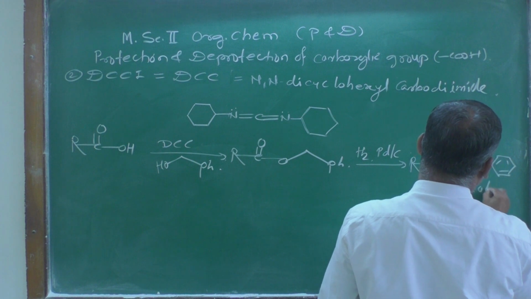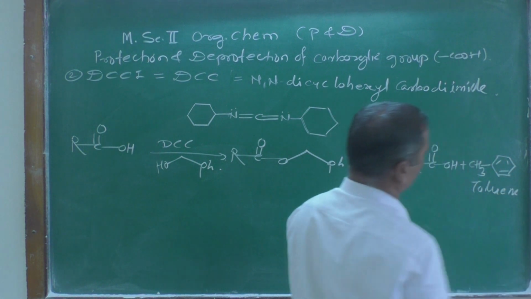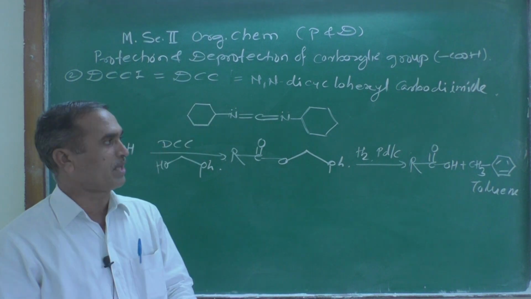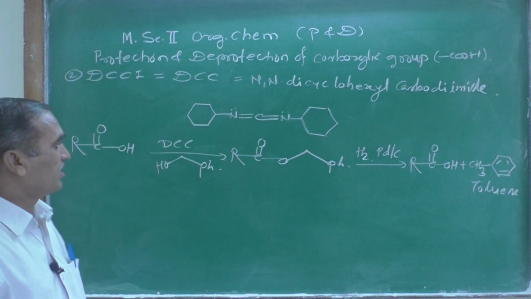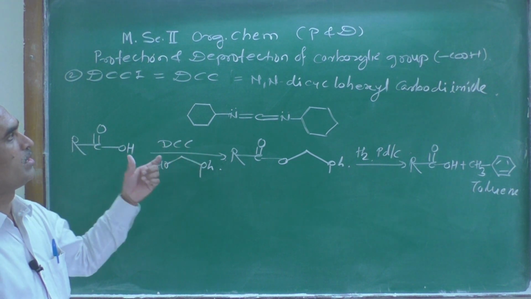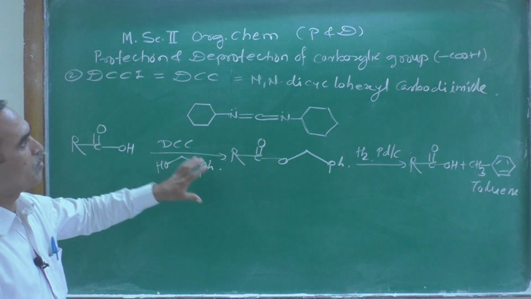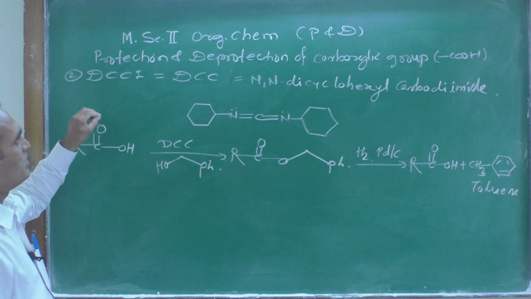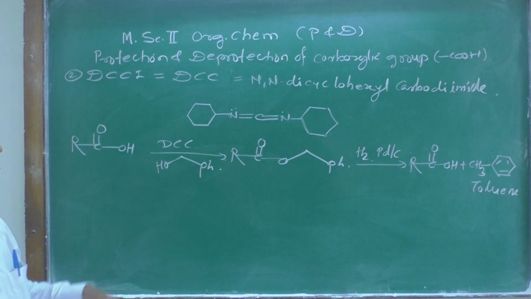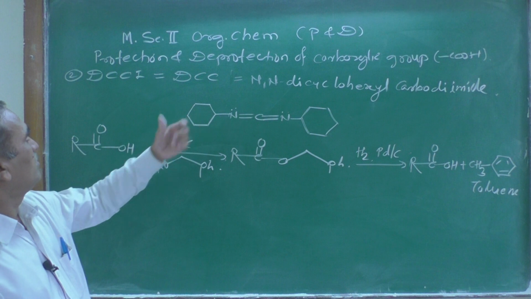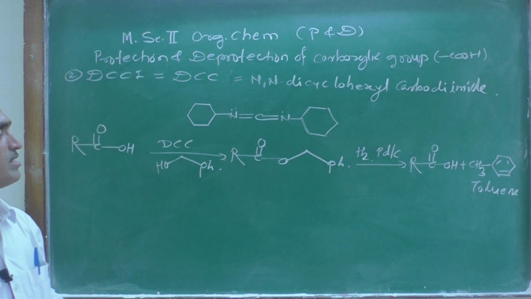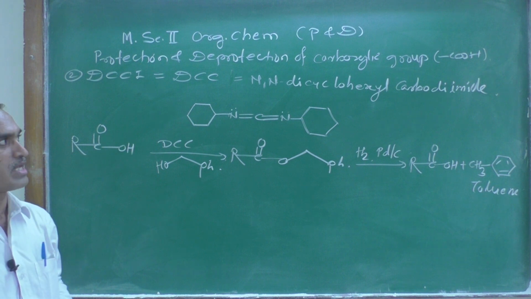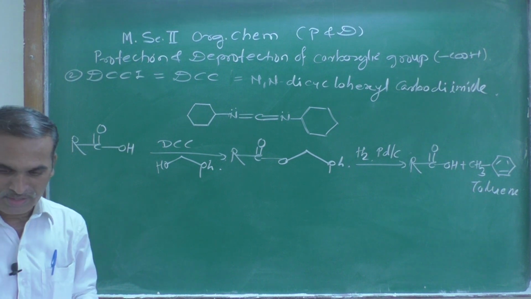This is the structure of toluene, which is a side product obtained during this reaction. So these are the simple protection and deprotection of the carboxylic group using DCC, N,N'-dicyclohexyl carbodiimide.